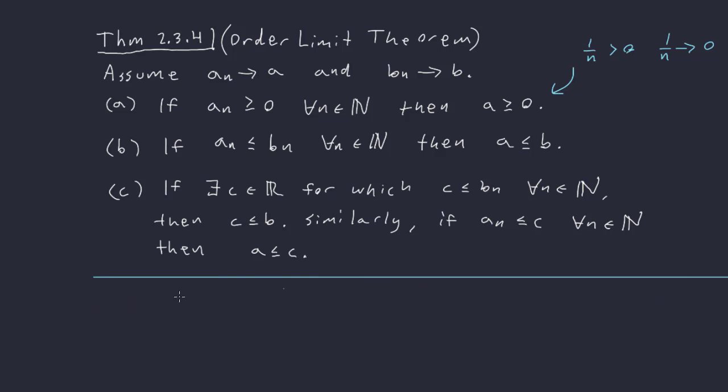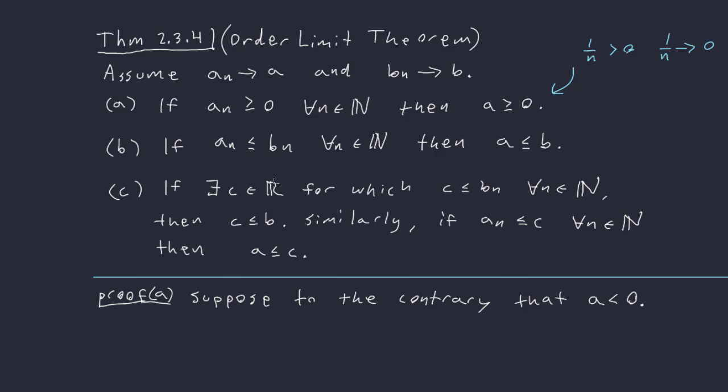So let's prove this. It's really going to be a matter of proving part A, because part B just follows directly from A, and C follows directly from A and B. So for the proof of A, let's suppose to the contrary that A is actually negative.